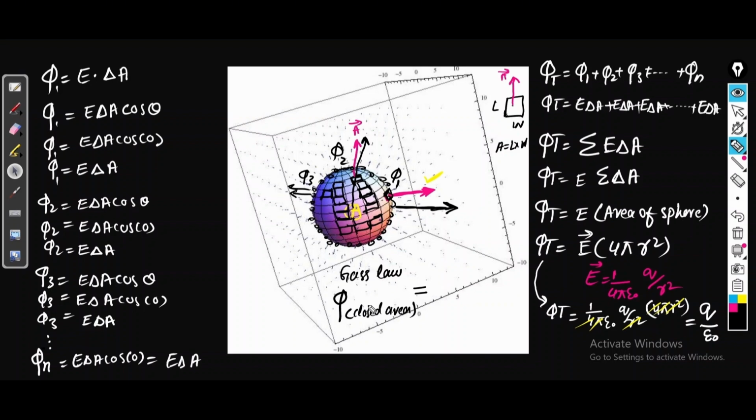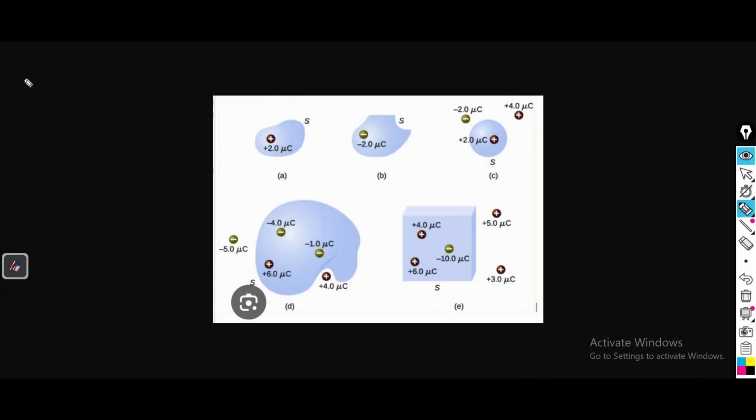So the total flux through a closed surface is equal to the charge enclosed by that surface divided by the permittivity of free space. In Gauss law, we derive the expression for the flux through a closed surface, which is equal to the charge enclosed by that surface divided by the permittivity of free space.